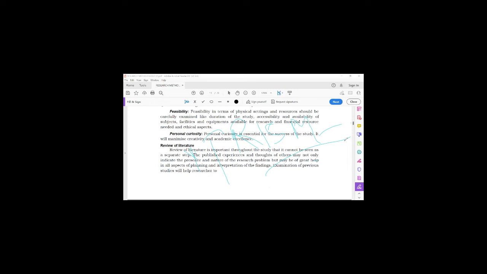Forest graph, F-O-R-E-S-T graph. The forest graph is a quantitative tool which is going to tell you what all the causes or what all the effects this problem was mentioning, what is the common point in terms of all these studies, which factors you should emphasize more and which factors you should not emphasize at all.